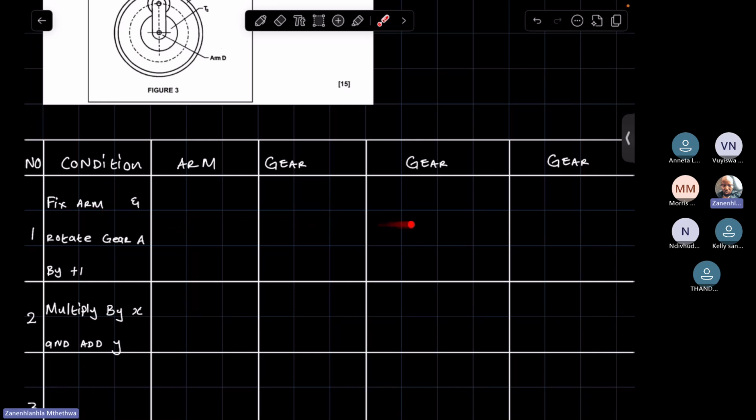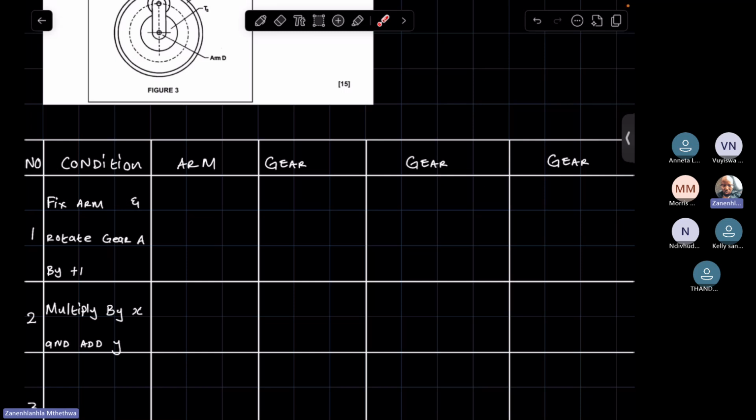So in completing the first condition, essentially you are answering this question: how does us fixing the arm and rotating the annulus by 1 revolution clockwise influence the other components, in this case the other gears? How does that influence their rotational frequency?